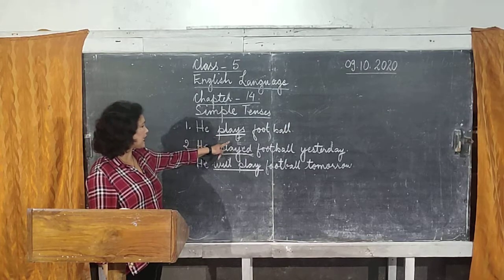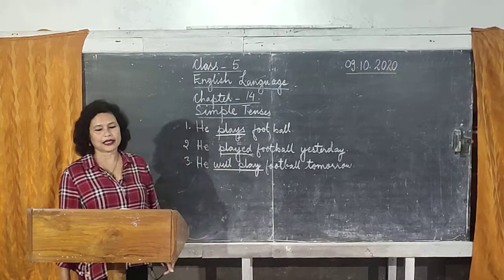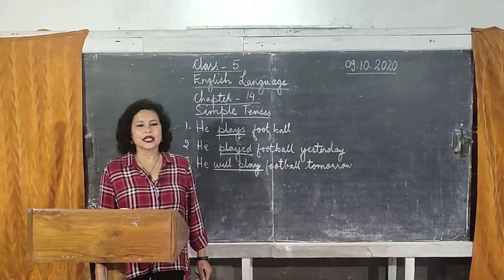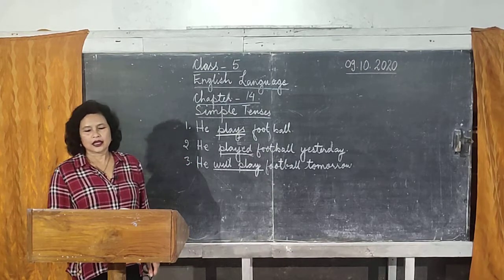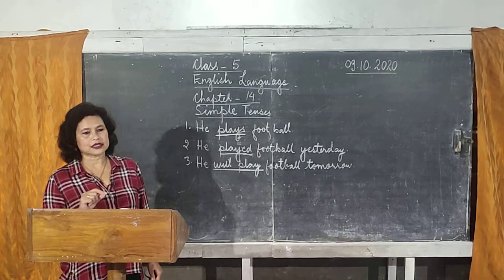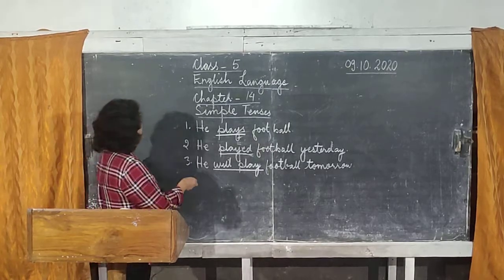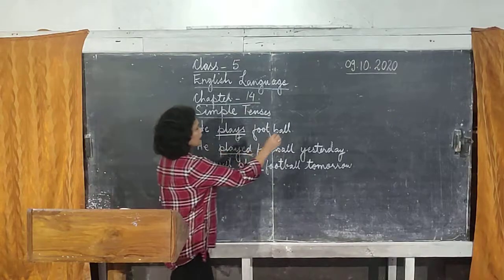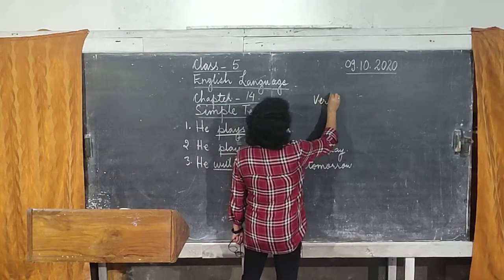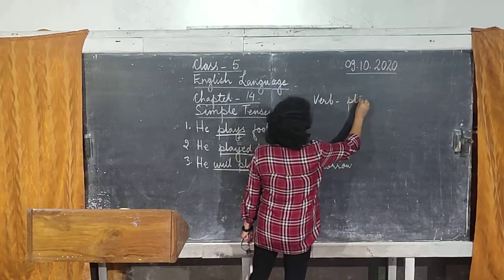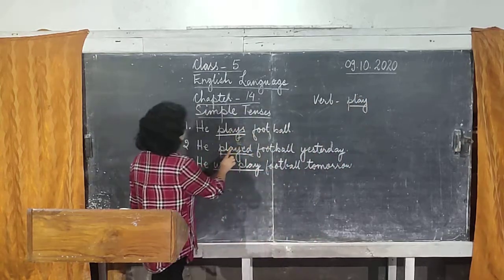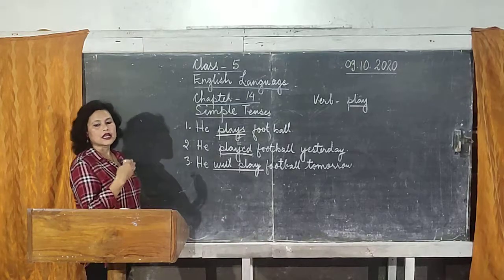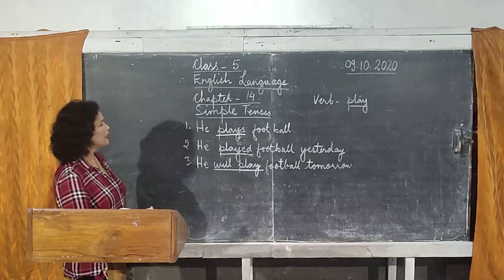About the time of play, played and will play. Here, the verb play indicates different times. The verb play. Play is a verb, okay? The verb play here in the sentences indicates different times.